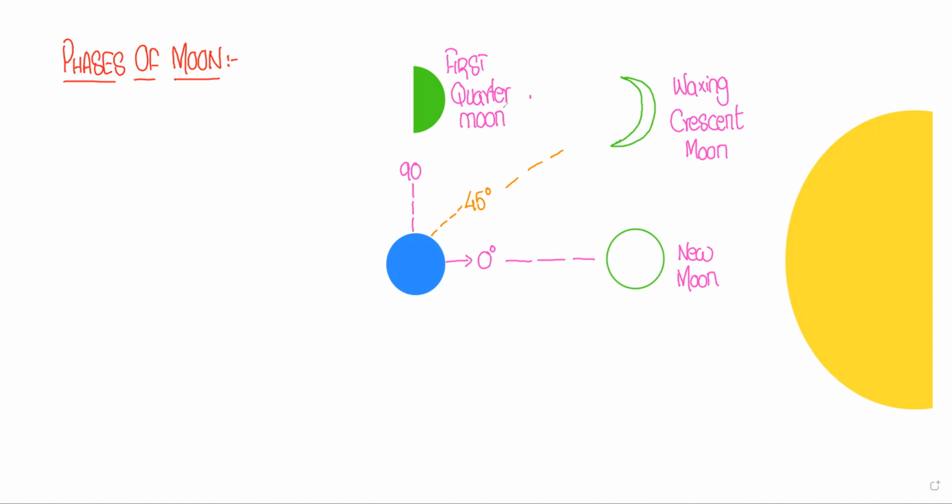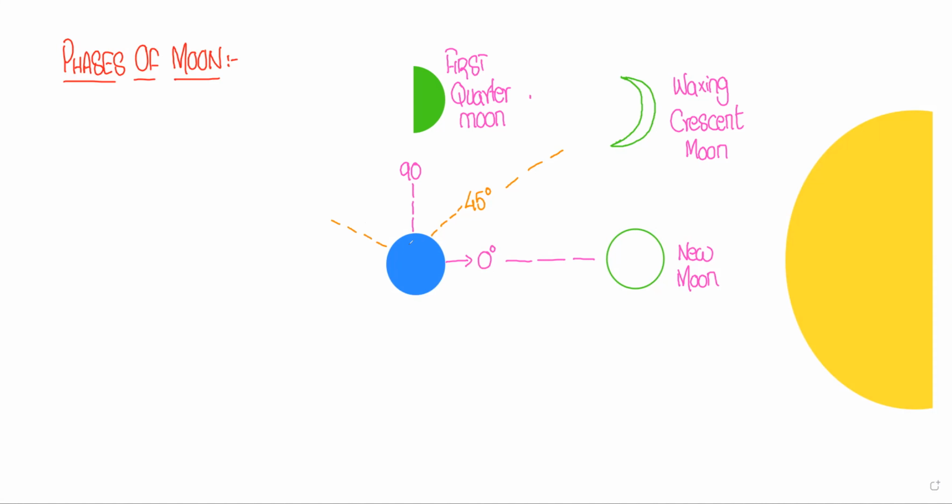This phase at 90 degrees is known as the first quarter moon. And now the same angles go on the other side, so now we are moving between 90 and 180 degrees, that is in between, like this.